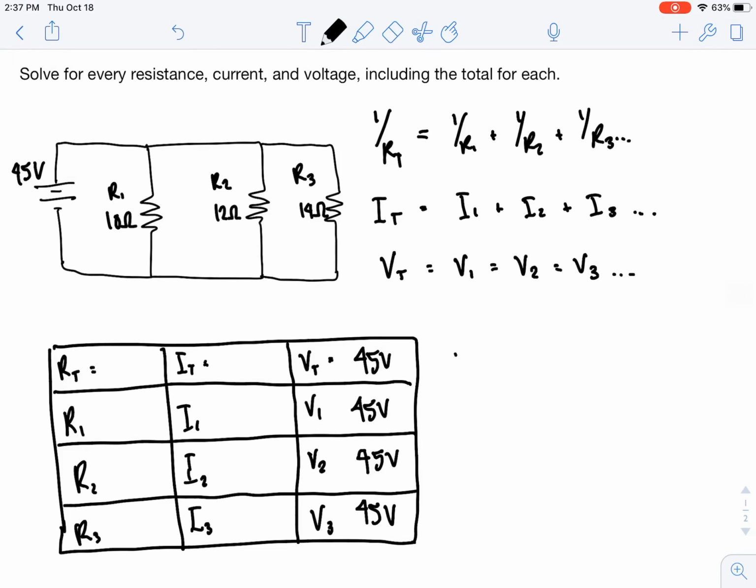So if I were to give an example, if R1 is equal to 10 ohms, when I'm calculating my resistance total, what I'm actually going to do is 1 over RT is equal to 1 over 10 ohms plus 1 over 12 ohms plus 1 over 14 ohms.